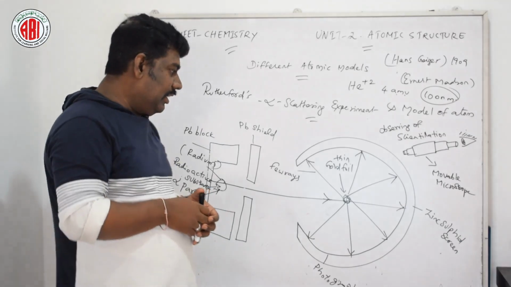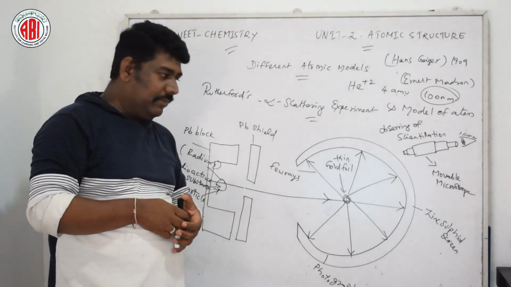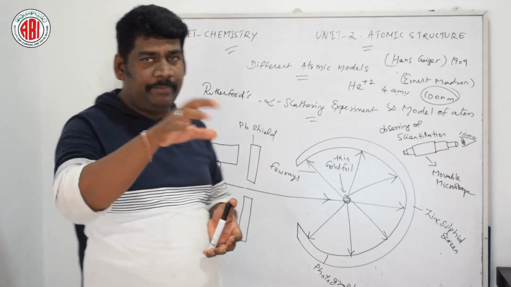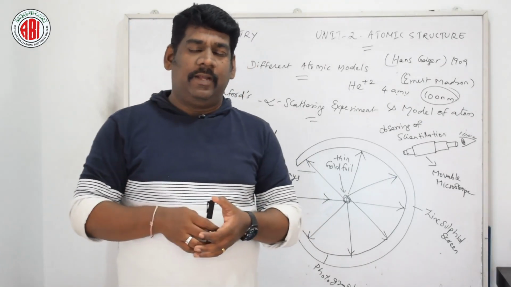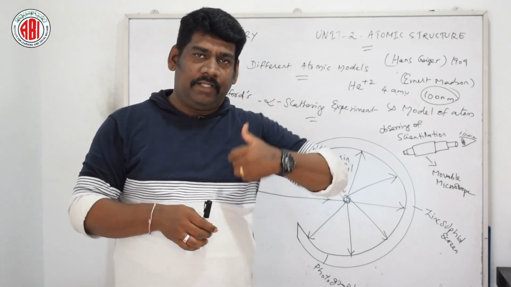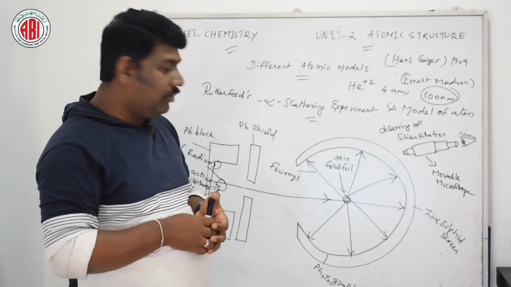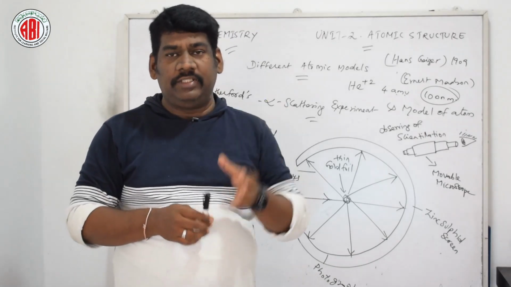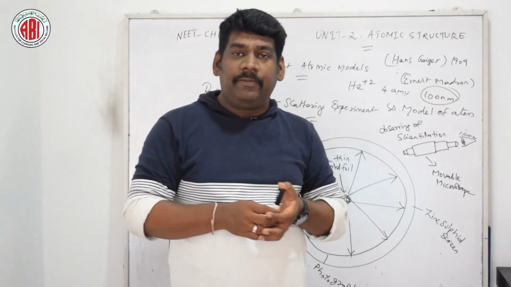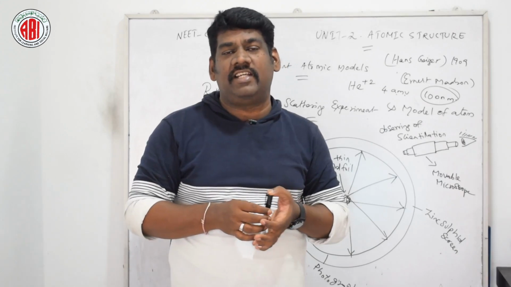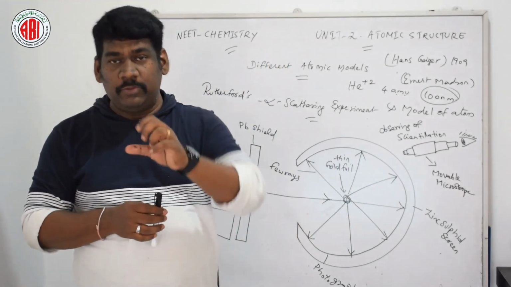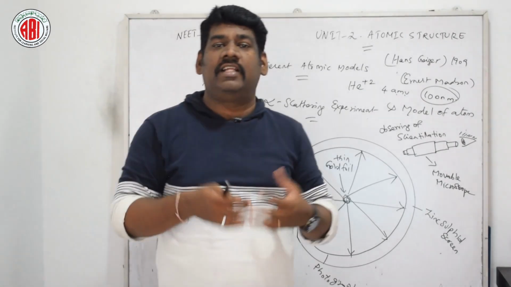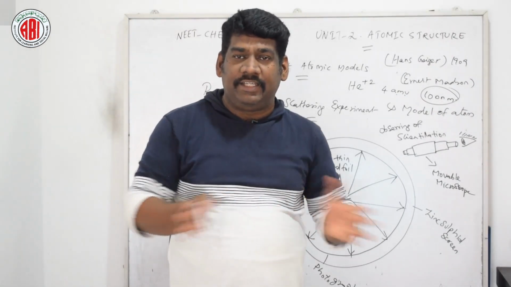That means, according to the J.J. Thomson model, the electrons, the negatively charged particles, are embedded throughout the sphere. But according to Rutherford's observation, these alpha particles directly penetrate through the sphere of an atom, though it possesses positive charge, and there is very little positively charged mass inside the atom that could deflect them.